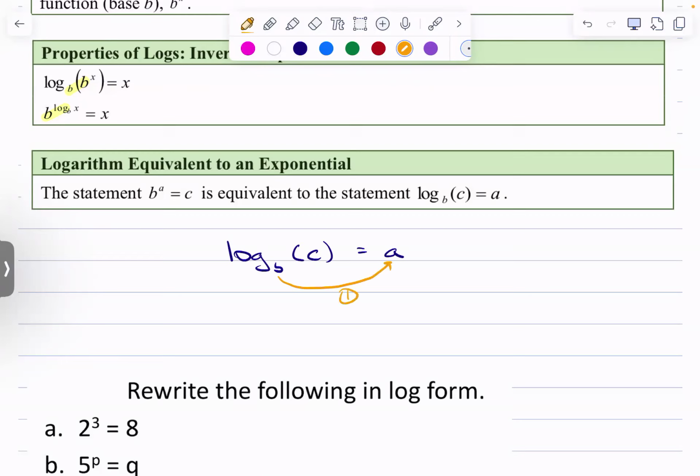That's my first move, and I end up with b to the power of a. Then my second move is looping back here, is equal to c. So that's the relationship between the two.